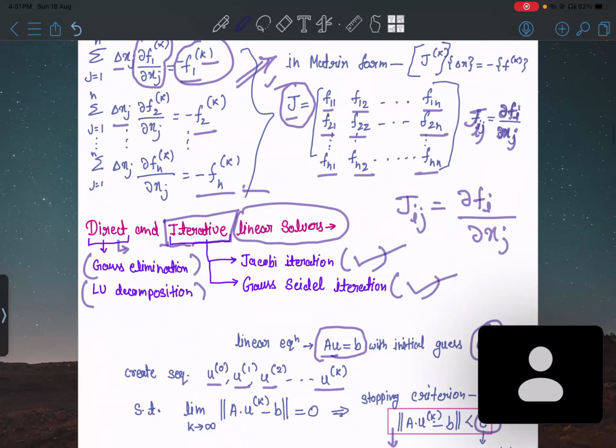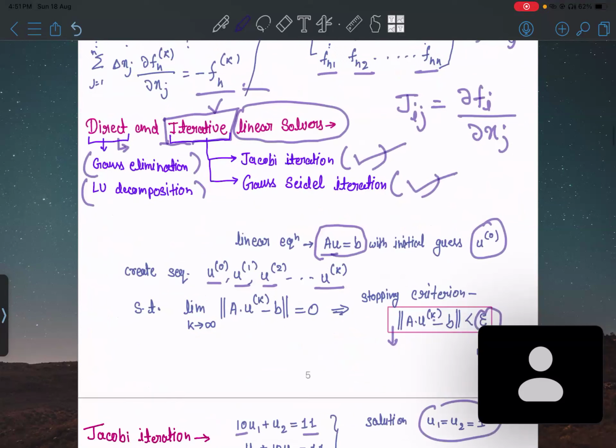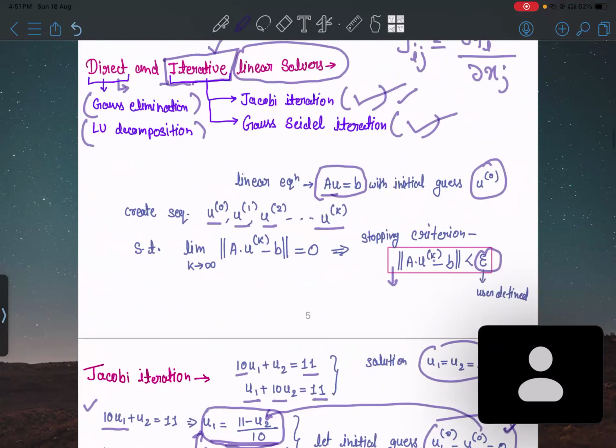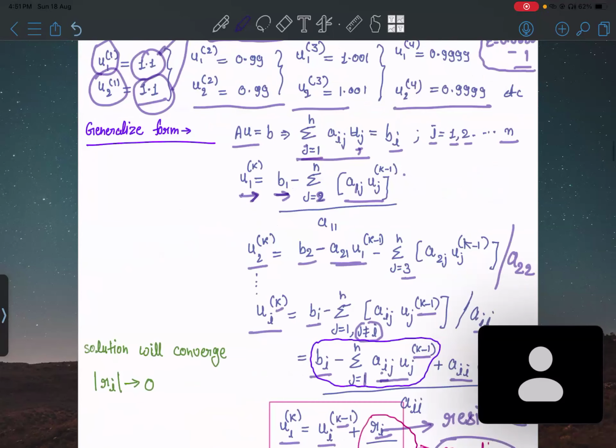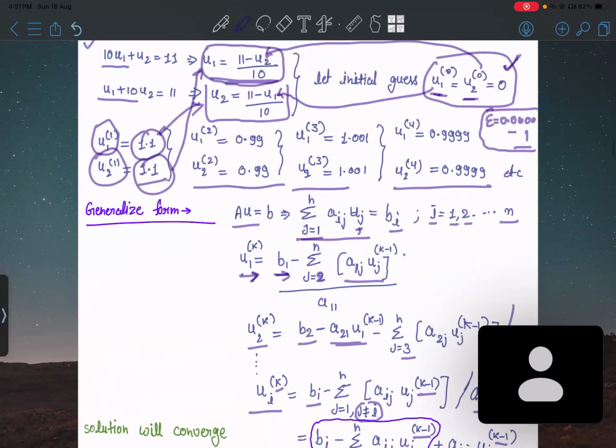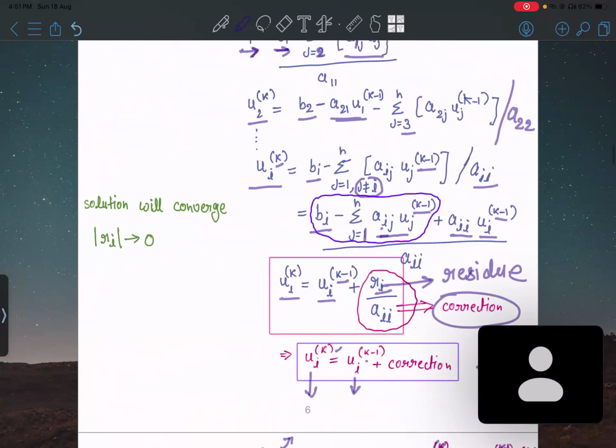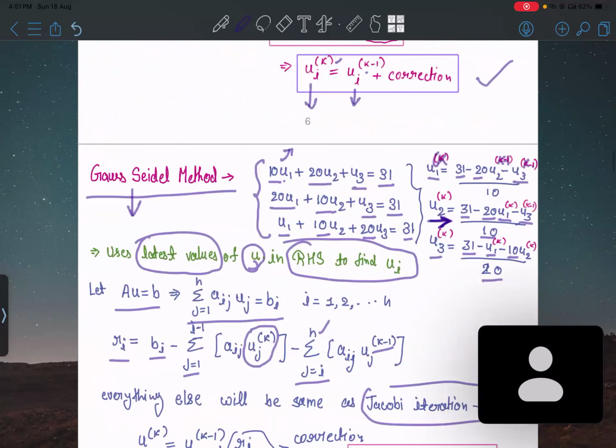Then we have seen the iterative linear solvers, which are what? Jacobi iteration method and Gauss Seidel method. In Jacobi iteration, we have seen the generalized format. Then in the Gauss Seidel method, which is similar to the Jacobi method, the only change was that the latest value of u_i is used, okay, in the RHS.